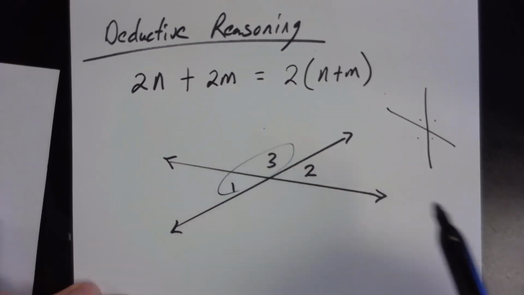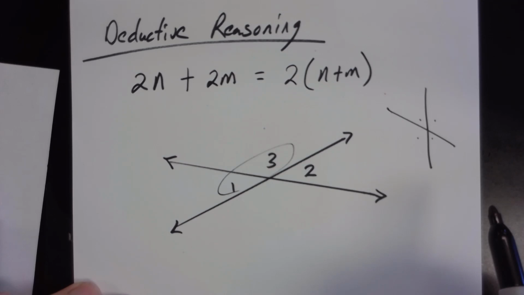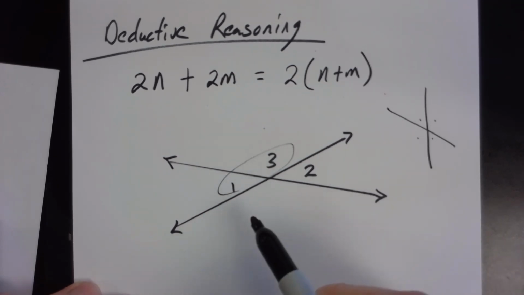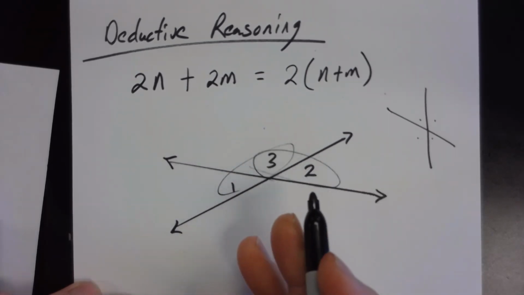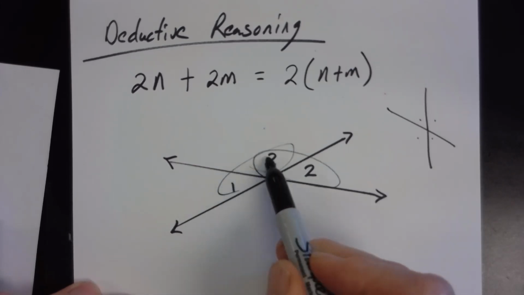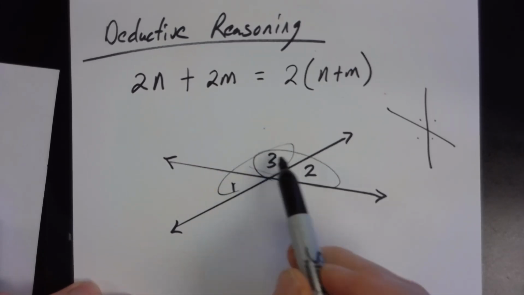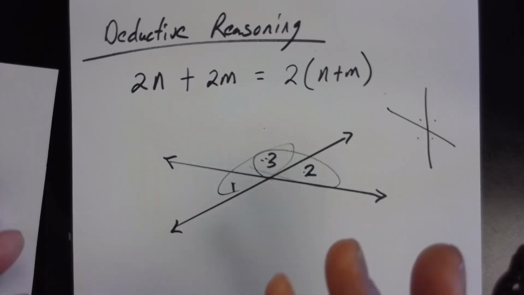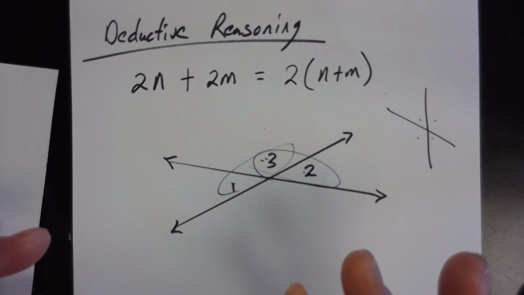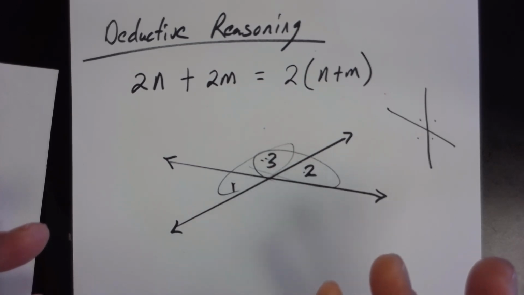Now deductive reasoning. Aren't these two a linear pair? So wouldn't they be supplementary then? So their sum's 180. And aren't these two a linear pair? So they're supplementary. Their sum's 180. So if these two add up to 180 and these two add up to 180, wouldn't 1 and 2 have to be the same measure? Is there any other possibility then?